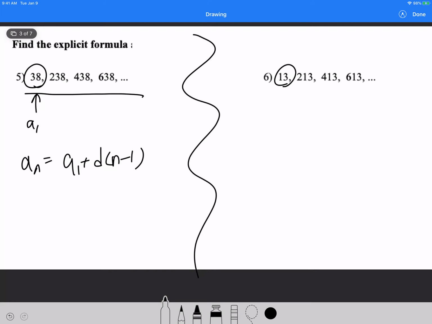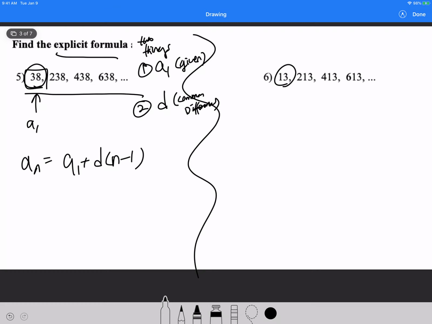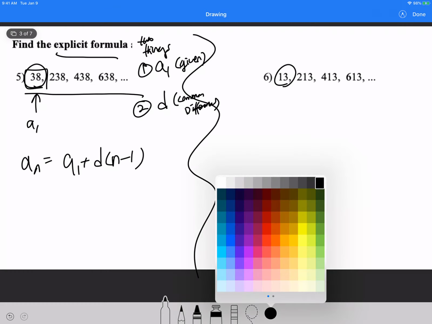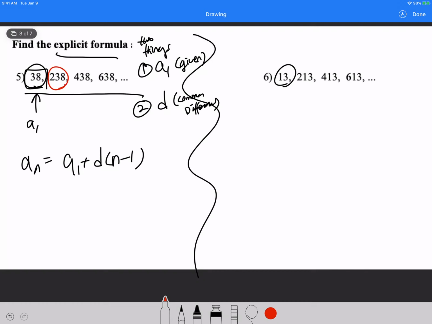So my only suggestion to you is when you're asked to find the explicit formula, you need two things mainly. Number one, you need to find the first term, which should most likely be given to you in many cases. Number two, you need to figure out the common difference. The common difference is simply found by taking any two subsequent numbers, for example, 238 and 38, and then subtracting them.